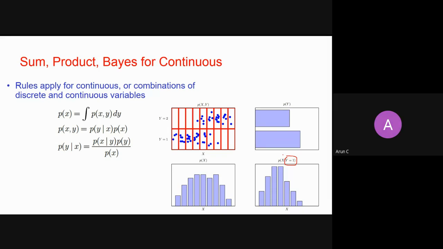Can anybody tell me, by seeing this figure, what is the probability of x equals 1 given y equals 1? What is the probability? Anybody? 1 by 7, Akash is saying. Why?